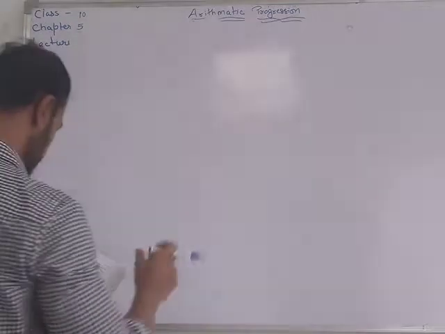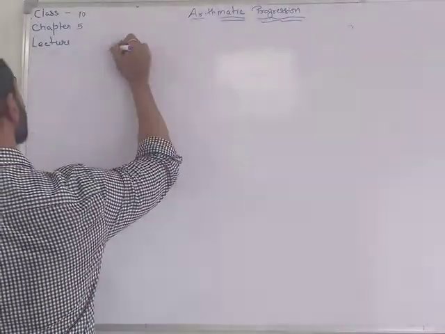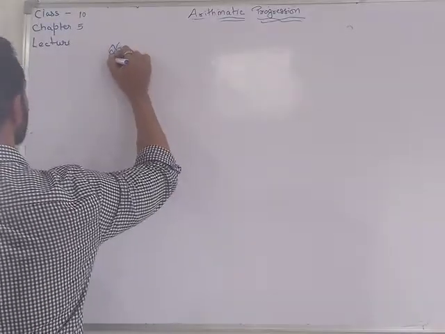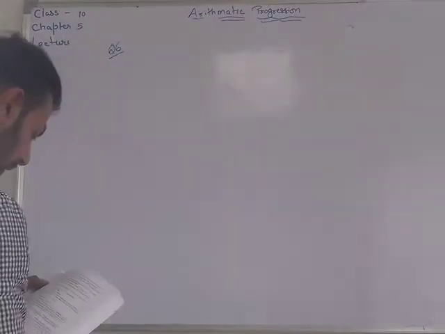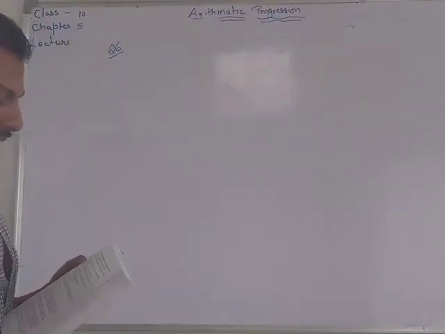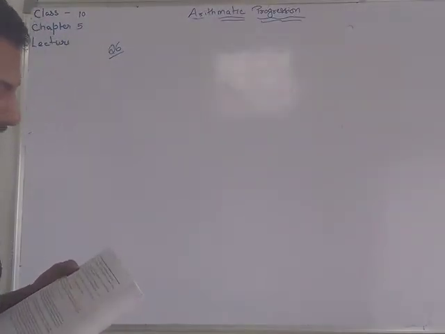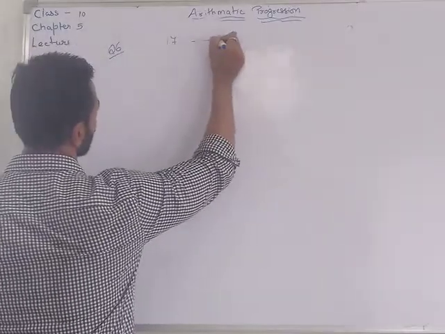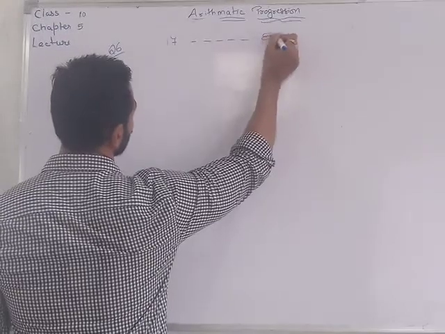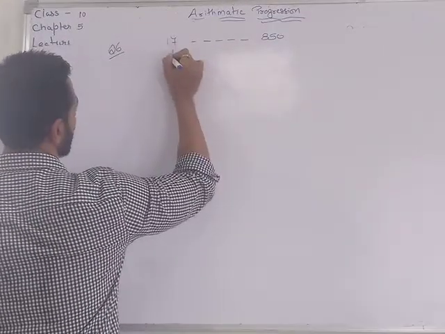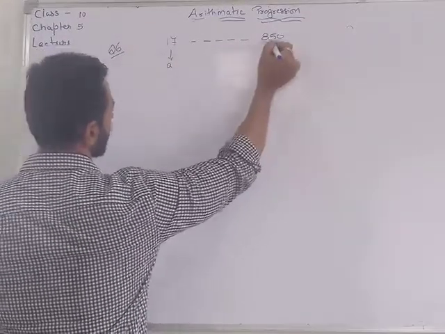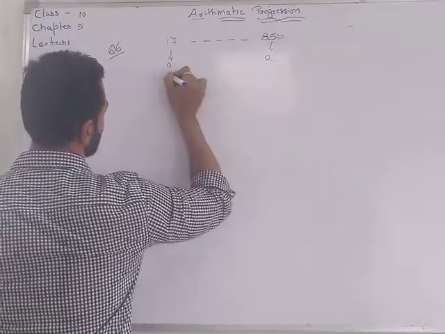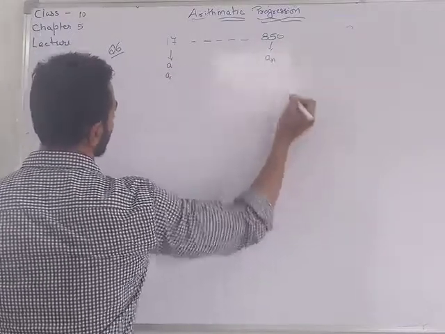Question number 6 says, the first and the last term of an AP are 17 and 350 respectively. First term is A, which is A1, and the last term is AN.